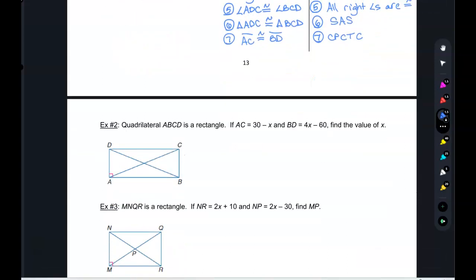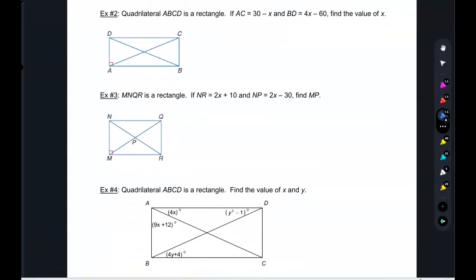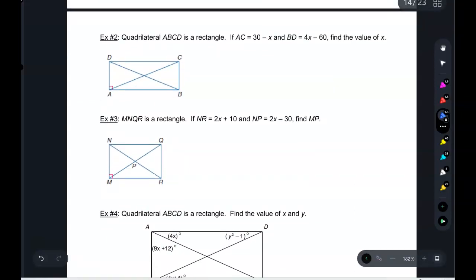Okay, so let's do a couple of applications. We have a quadrilateral ABCD that is a rectangle. If AC equals 30 minus X and BD equals 4X minus 60, what's the value of X? Well, what are we going to do? AC is 30 minus X, and BD is 4X minus 60.